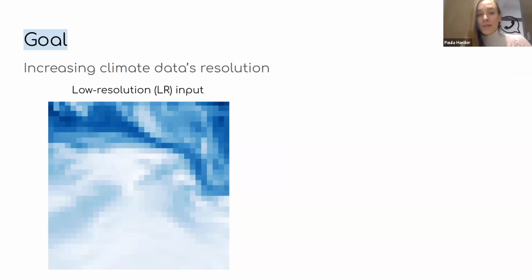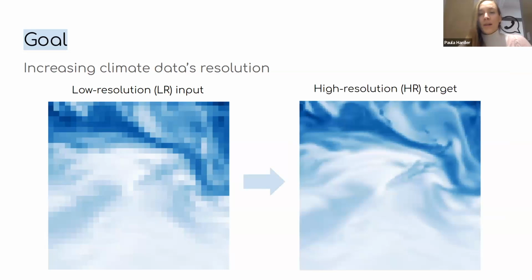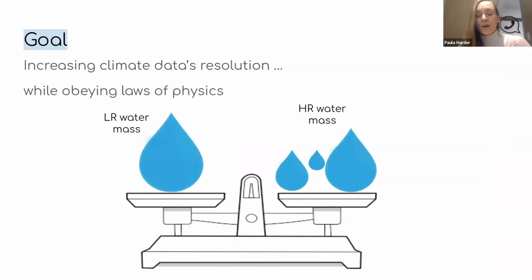That's the same as in super resolution, and we can apply CNNs, GANs, now maybe diffusion-based models to do that. But what often doesn't work well is obeying the laws of physics. For example, if we very simply want the lowest water mass to be conserved in the output, the same water mass but at finer resolution, that's not learned by the neural network. So we want to look into how to enforce something like that.